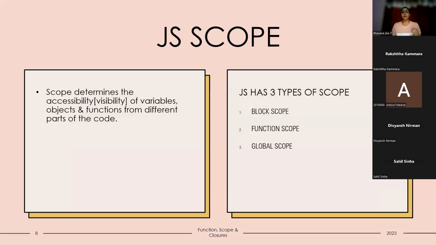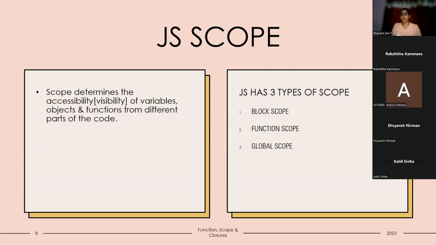Scope helps us determine the visibility or the accessibility of variables, objects, and functions from different parts of the code. It provides us only the accessibility, meaning the lifetime or the range of this variable within the functions, within the block, and within the whole page.